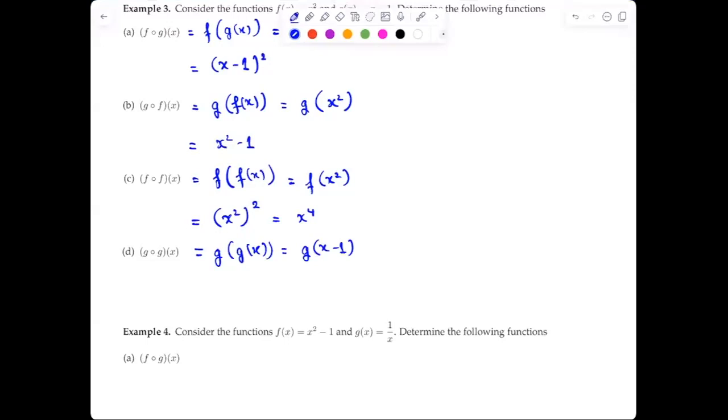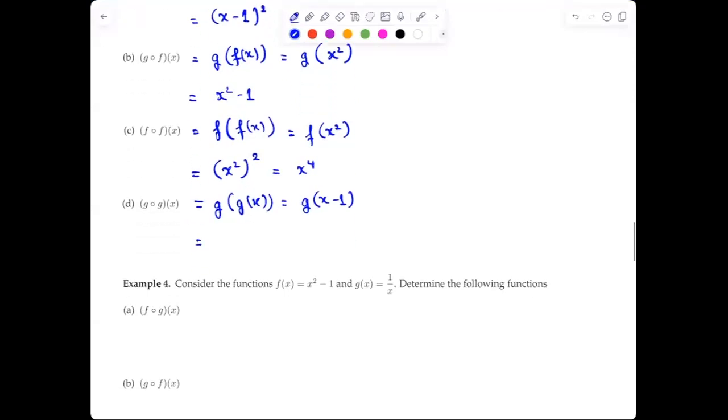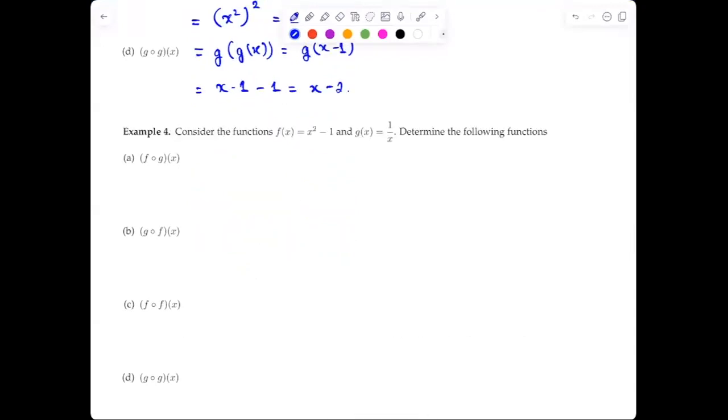Then you can combine or manipulate this, and you get x minus 2. So this gives me x minus 1 is equal to x minus 2. Okay. Any questions on example 3?